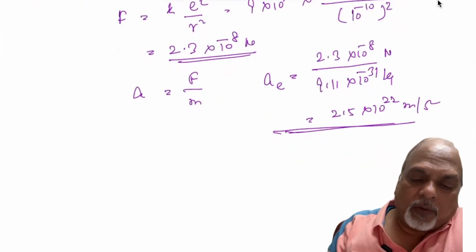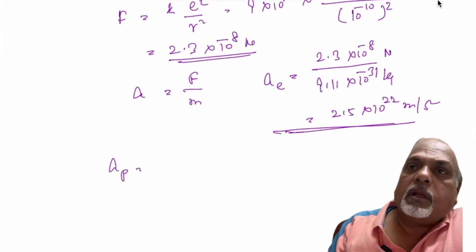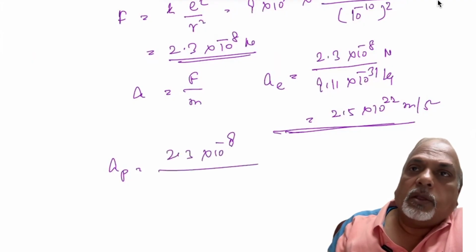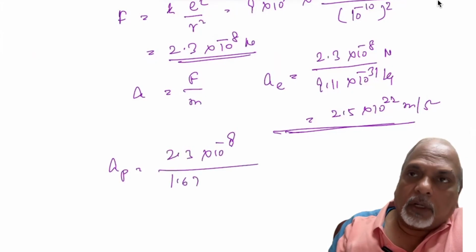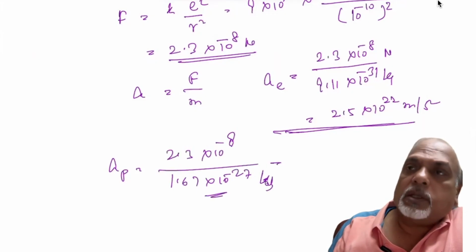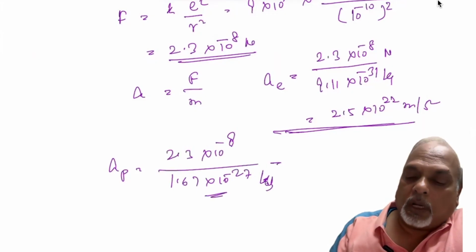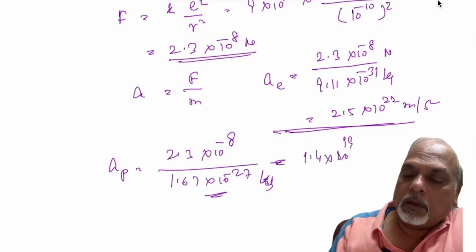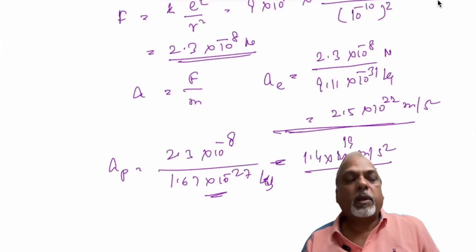Of course, the value of acceleration of the proton, if you compare, also you can compare: 2.3 into 10 raised to minus 8 divided by 1.67 into 10 raised to minus 27. This is the mass of the proton, and it is also a very large value. Correct.